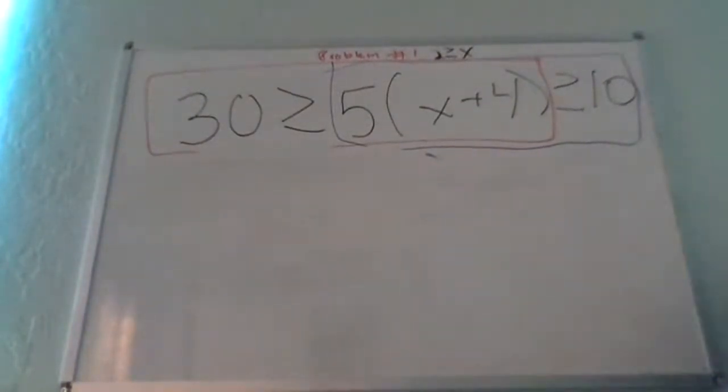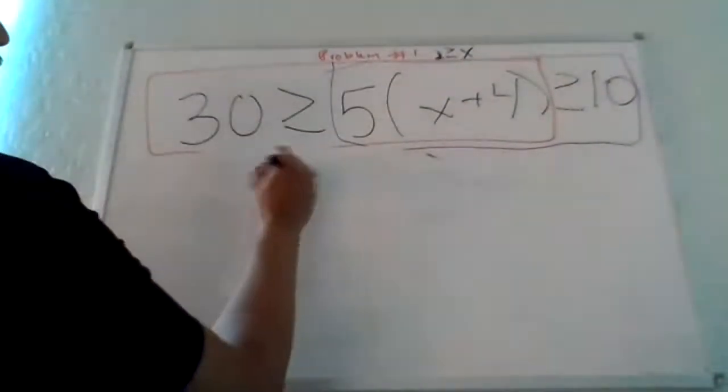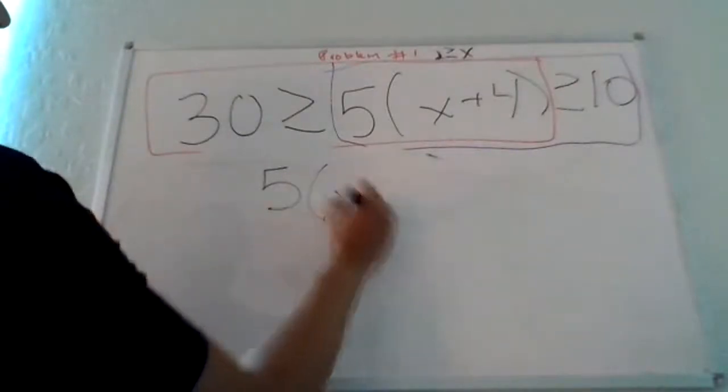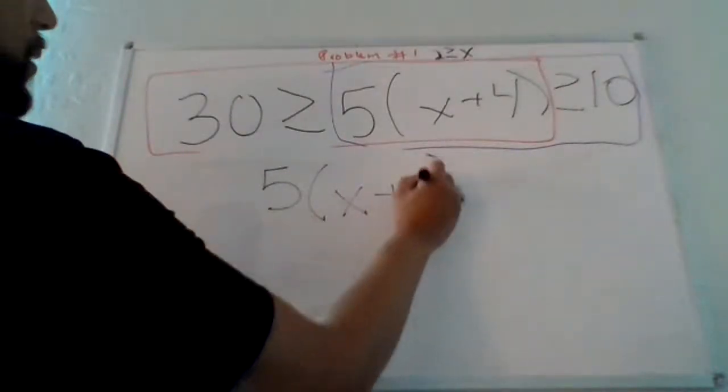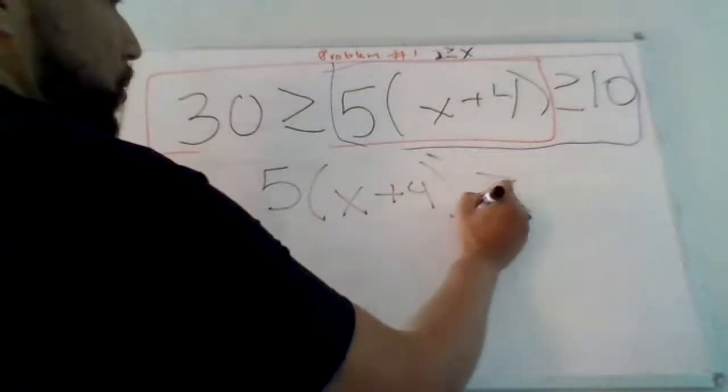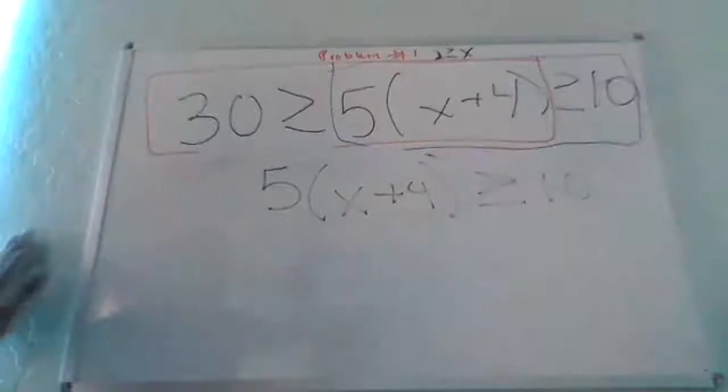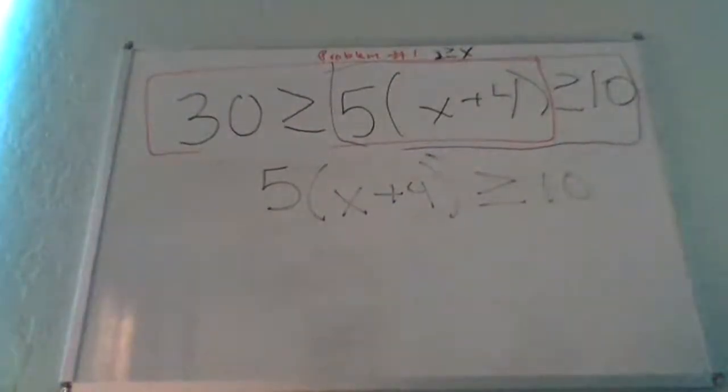Okay, so we're going to rewrite this. 5 times x plus 4. All of that is greater than or equal to 10. So what are we going to do now? Parentheses.